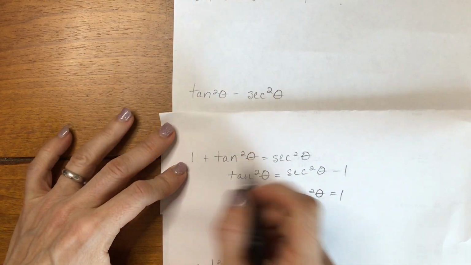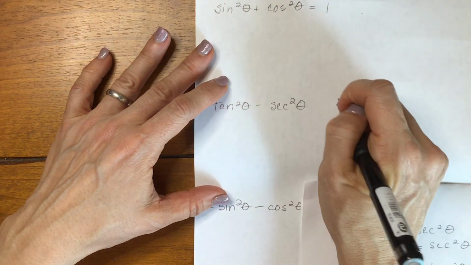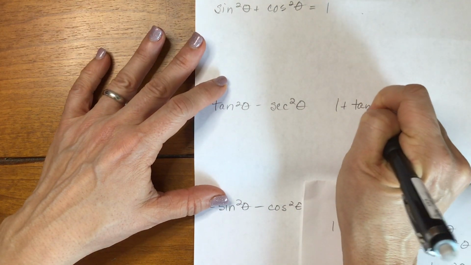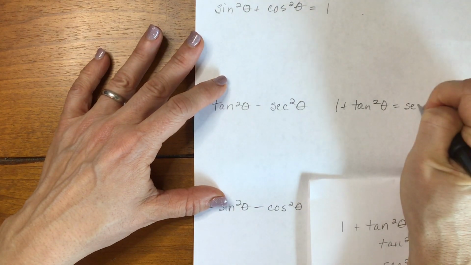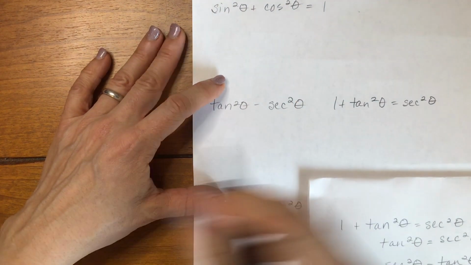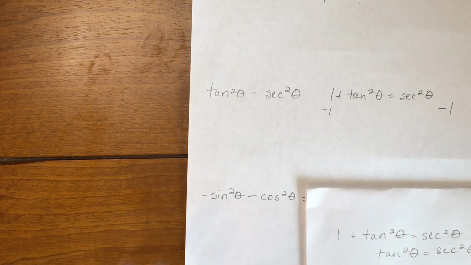So if I start from the beginning using 1 plus tangent squared theta equals secant squared theta, I want to have tangent by itself, so maybe I subtract 1 this time first.